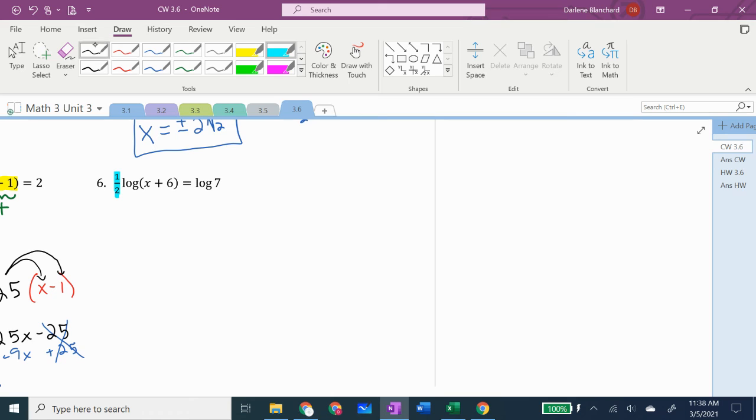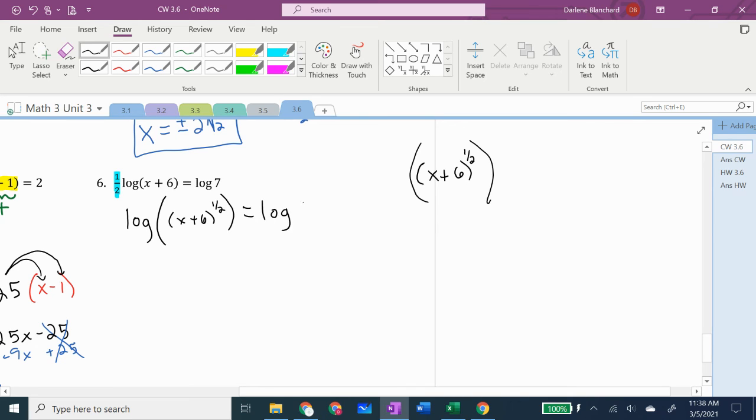So I can turn that into an exponent on the x plus 6. So the x plus 6 is going to have the power of 1/2 put on it. And that will then be what is going into the logarithm. So this becomes log of x plus 6 to the power of 1/2.